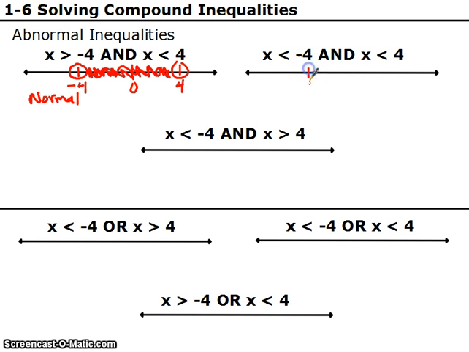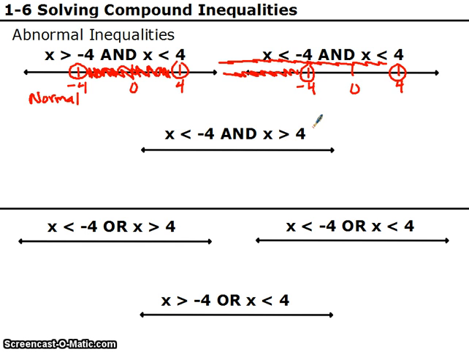This one says x is less than -4 and x is less than +4. See how the signs are the same? They're both less than. This one says less than -4, so that's this. This one says less than +4, so that's this. Think about what I just told you on AND a couple slides back.